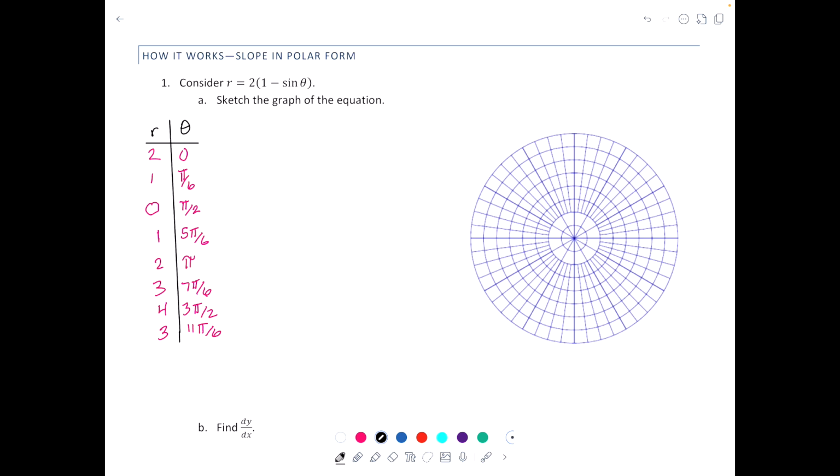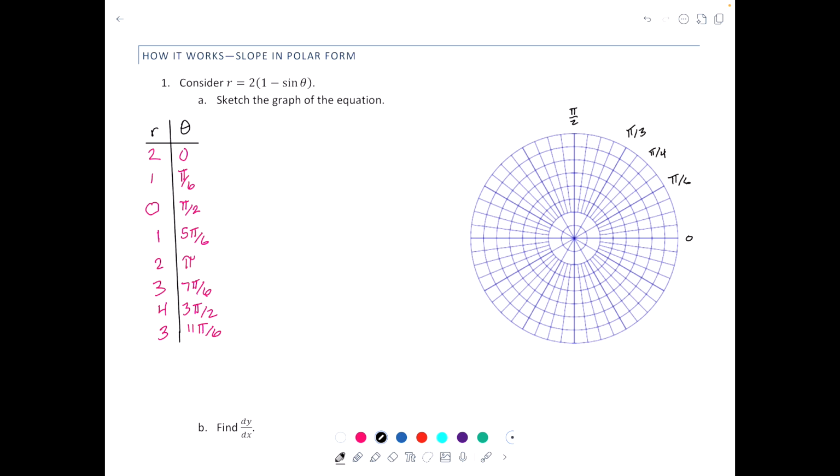The ones that are easier to see are pi over 6, this would be pi over 3, pi over 2, of course, 0. Pi over 4 is right in the middle of pi over 6 and pi over 3. All right, so that should give us enough to go on.